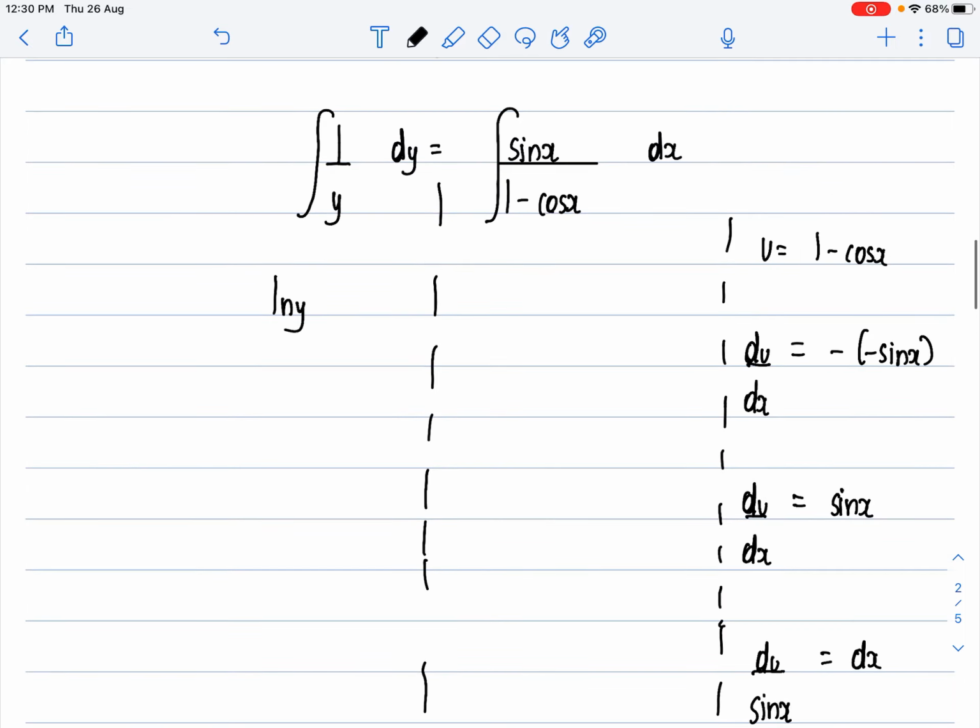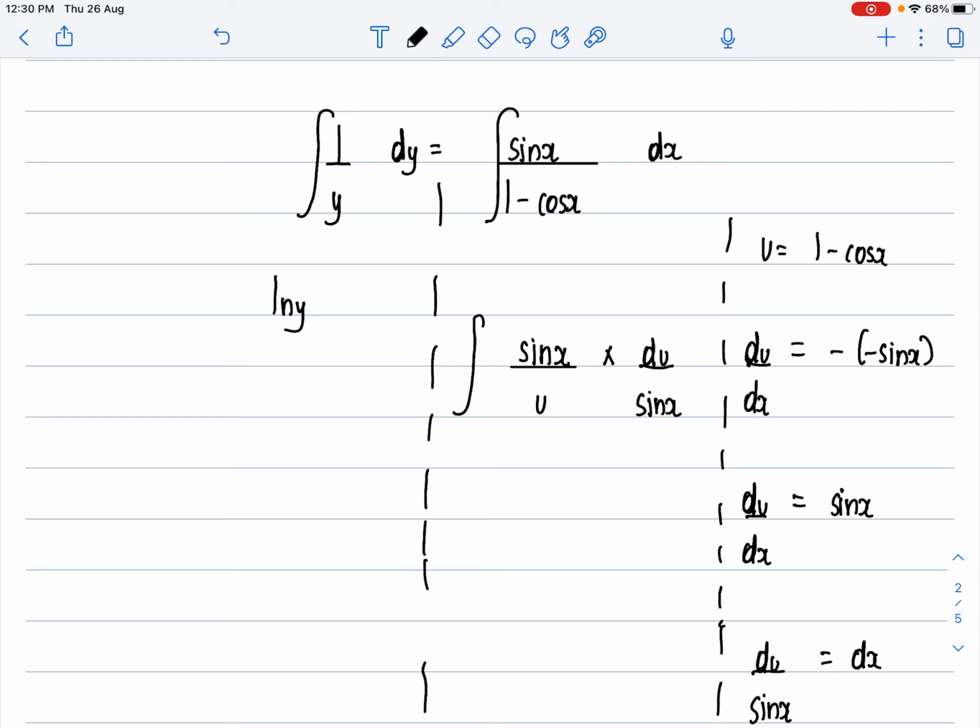Now I can write this as the integration of sin x over 1 minus cos x, which is basically u, multiplied by, instead of dx, du by sin x.